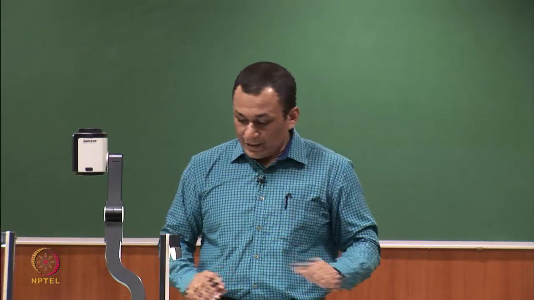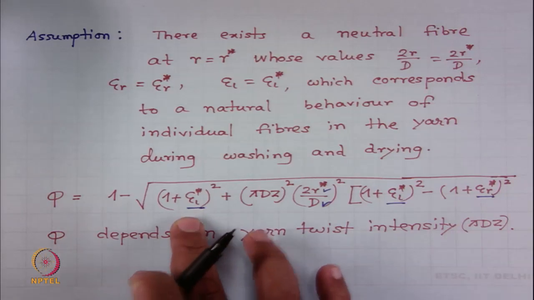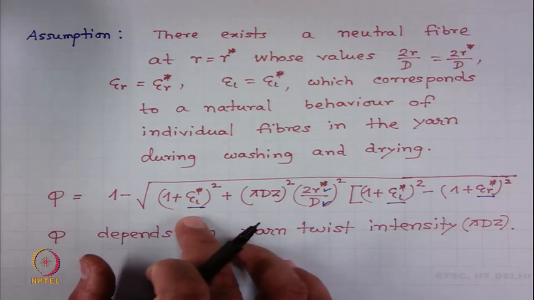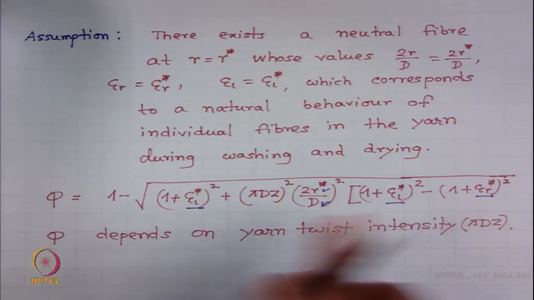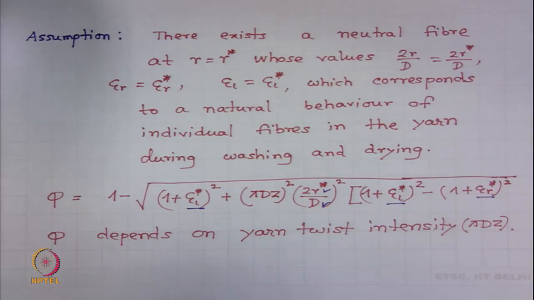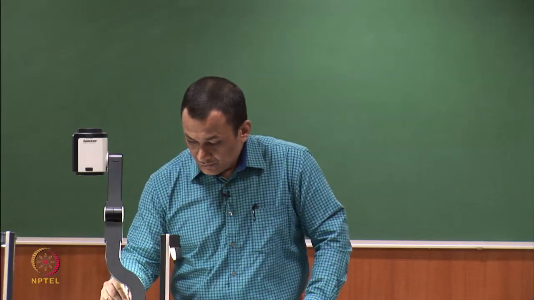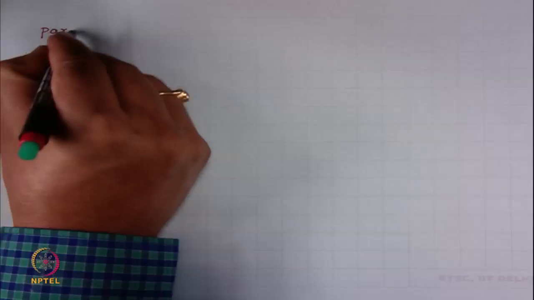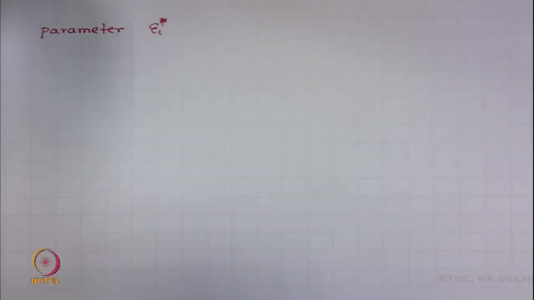Now, we would like to talk about these quantities: epsilon L star, epsilon r star and 2 r star by d. First, we start with parameter epsilon L star. What is this parameter? This parameter characterizes relative extension of fiber due to washing and drying.